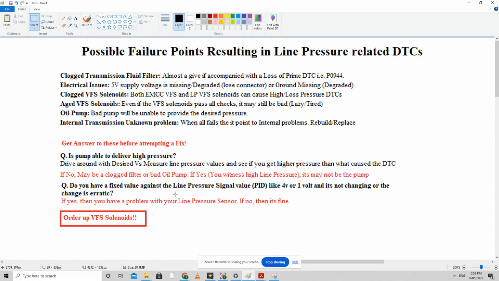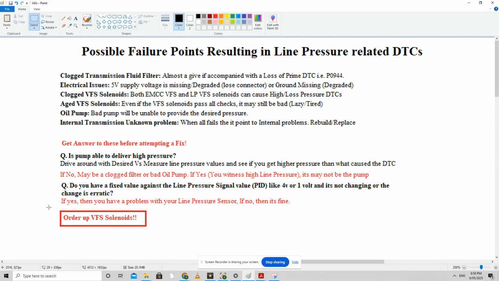If you have a problem with your line pressure sensor, you'll get a static value, 4 volts or 1 volt, or a different value if measured manually. Otherwise, your pressure sensor is fine.